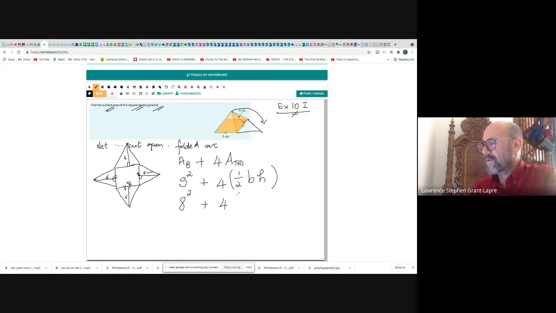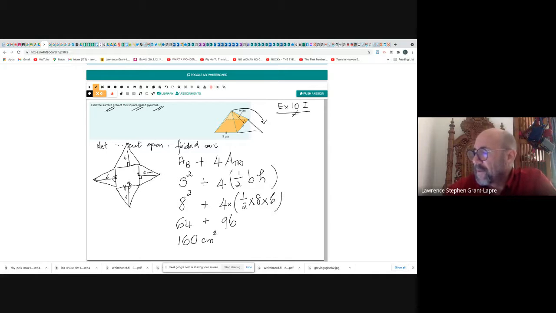And we've got 4 triangles, half base, each base is 8, the perpendicular height is 6. And so you've got 24 times 4, so you've got 96. And 8 squared is 64. So the total area is 160 square centimeters.